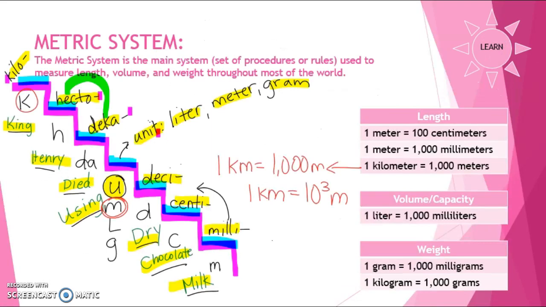So you probably caught my mistake. I counted the step that we were on, and that's a no-no. We never count the step that we are on. So actually going from kilograms to grams is 1, 2, 3 steps.